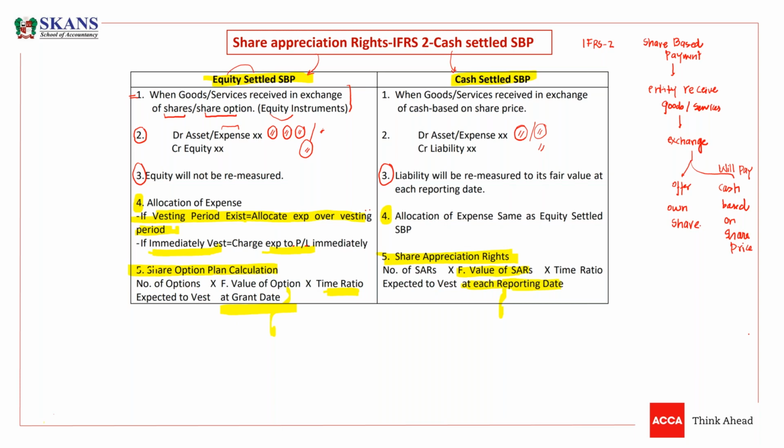So what does number of options expected to vest mean? You have to take the options of only those employees who are expected to qualify for the share-based payments. What does it mean? If you have shared a plan with 10 employees, what does it mean, guys?